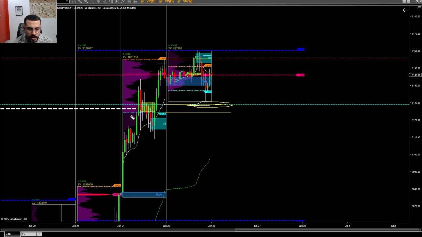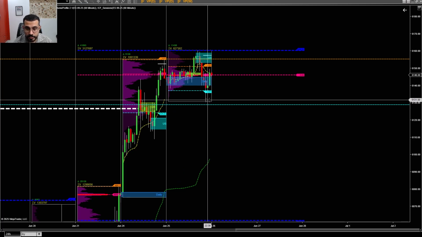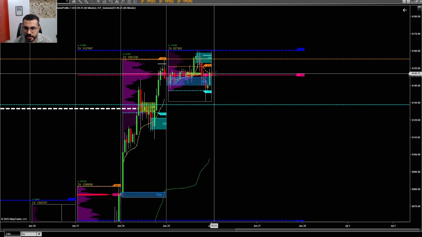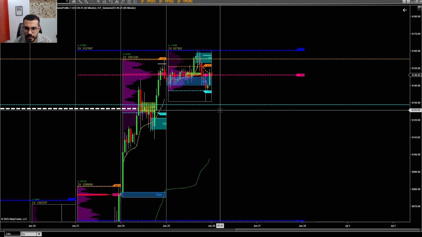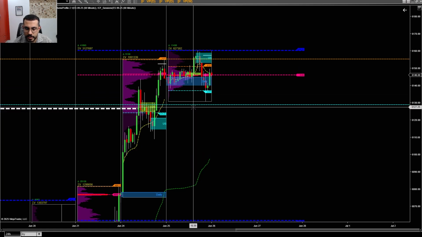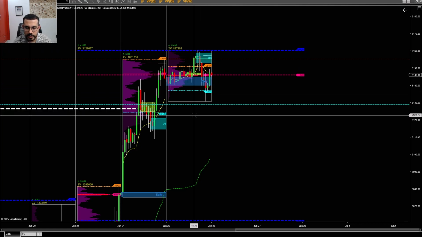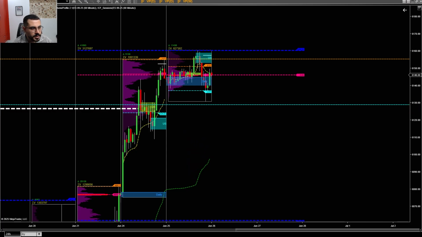I was expecting the market, let me make a clean line between these two blue lines, to come to this area and then reject, but the market didn't come. But it got really close. There's a chance that tomorrow we get this low, collect the liquidity down here, and then go up, and touch the area tomorrow, Thursday.